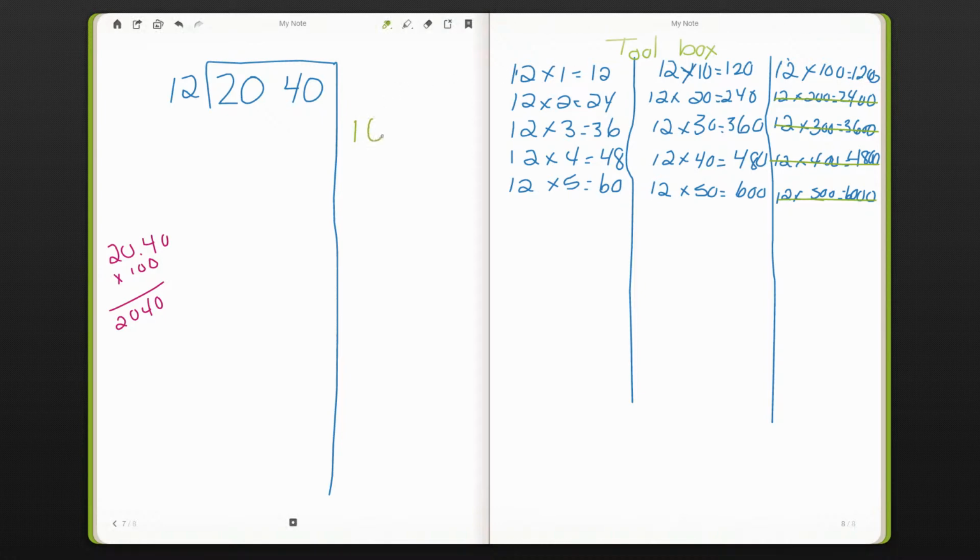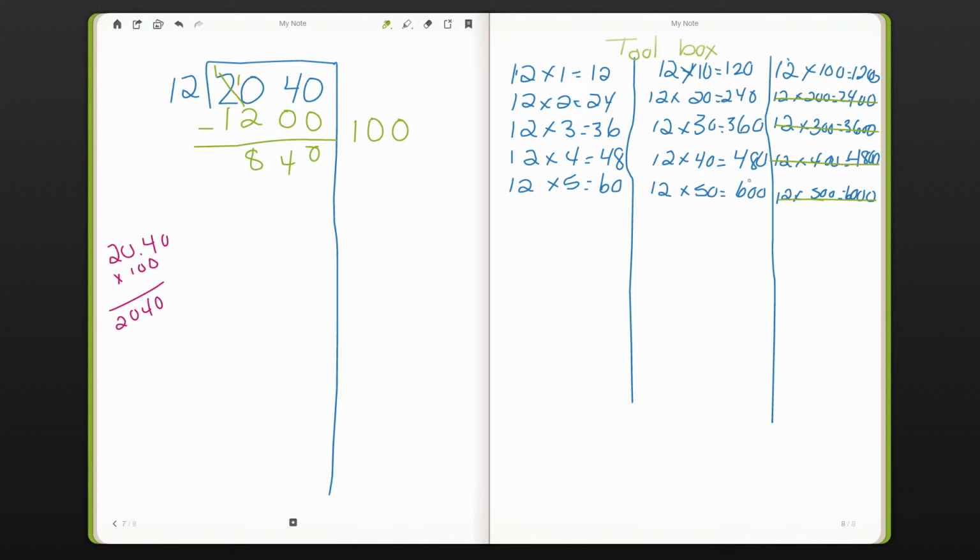So I put my partial quotient here on the outside and 1,200 here. I now subtract, and I'm left with 840.